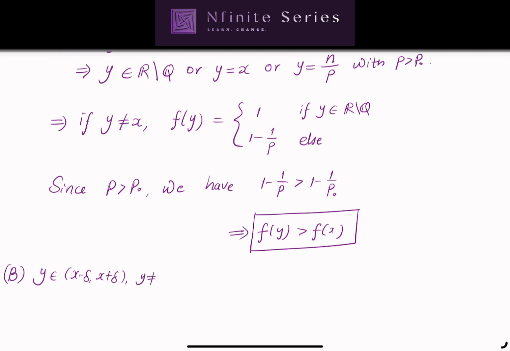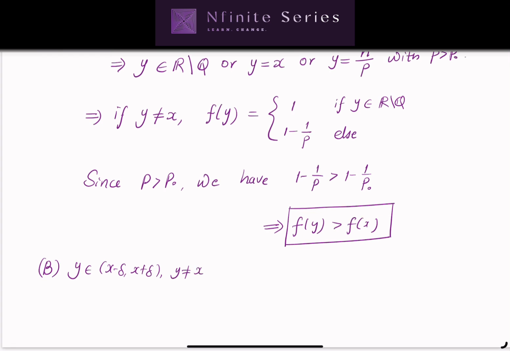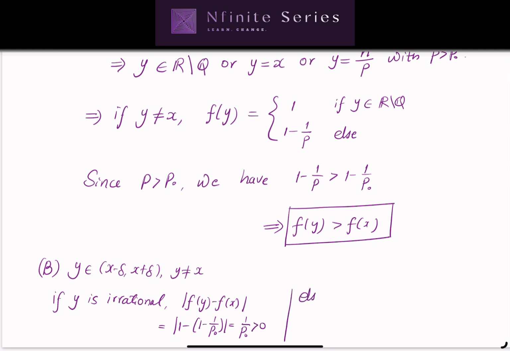We saw that if y is not equal to x, then there are two cases. The first case is if y is irrational, then in this case, the difference between f of x and f of y is equal to modulus of 1 minus 1 by p naught, which is a positive number independent of y.